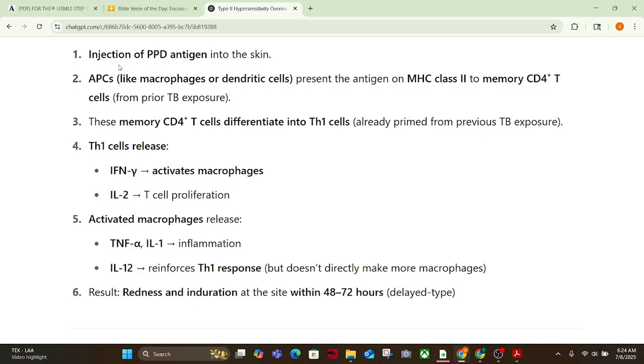Okay, so yes, you do have to know this is dealing with CD4 T cells. Once the PPD is injected, macrophages present the PPD on their MHC class 2.